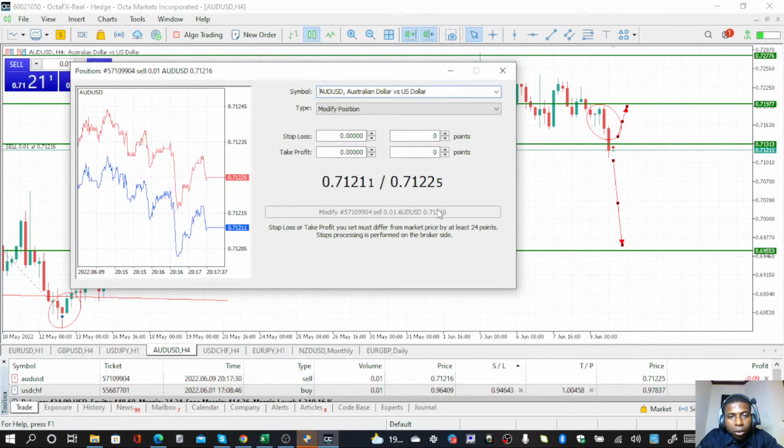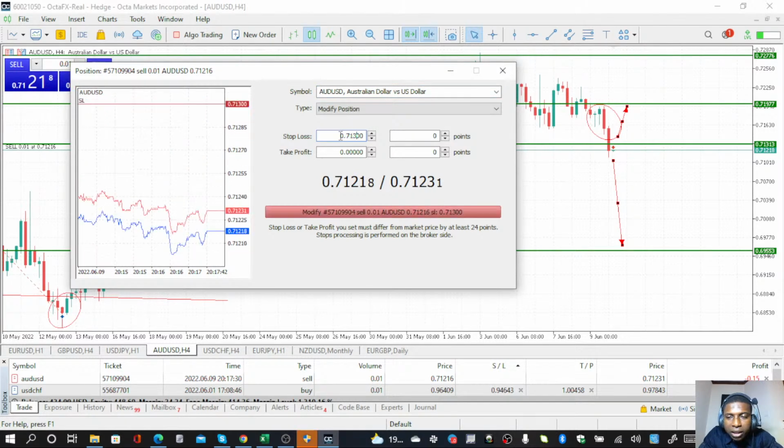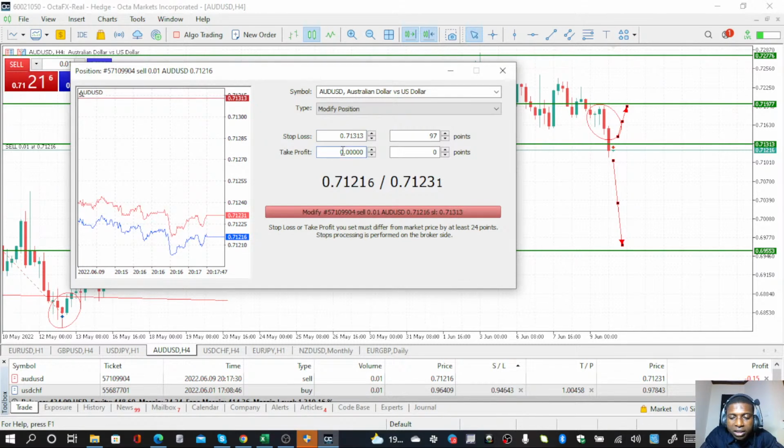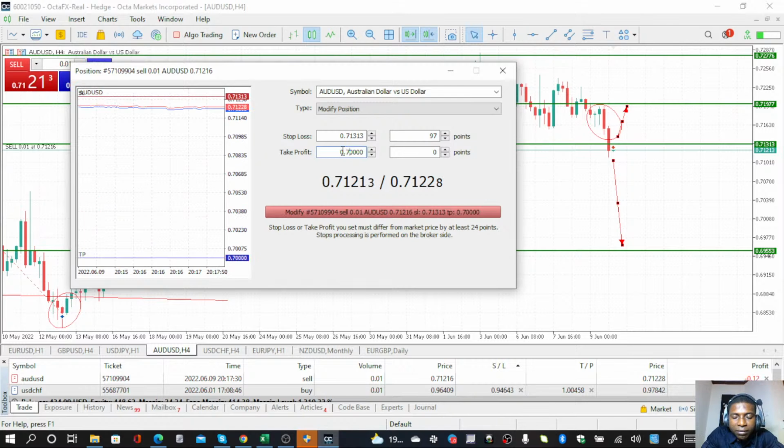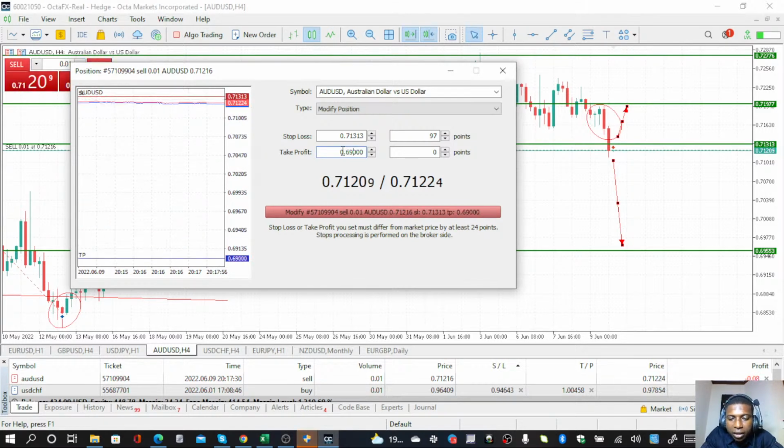Our stop loss is 0.71313 and our take profit is 0.69553. And then we modify.